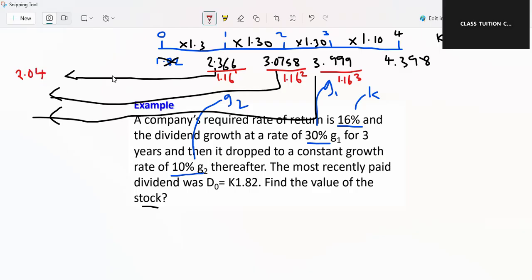That's the present value for year 1 when discounted. Okay. Then here, 3.0758 divided by 1.16 squared, you get 2.29.